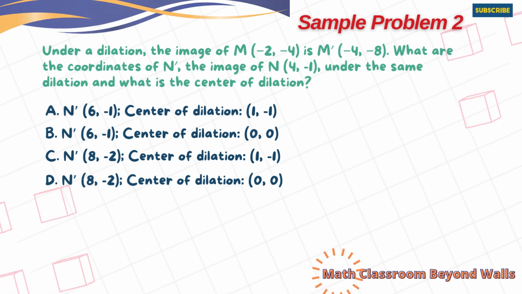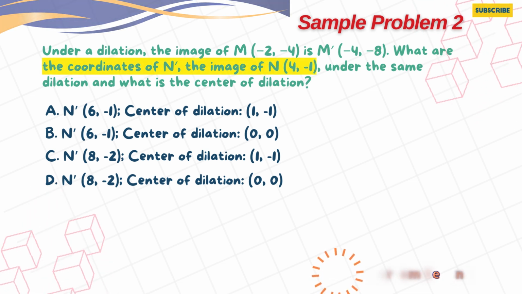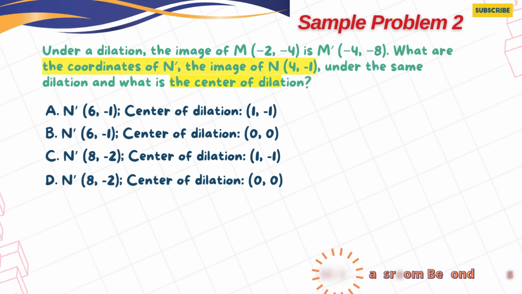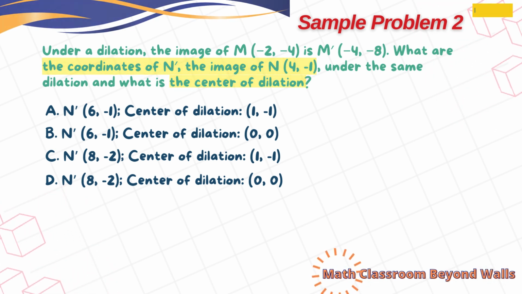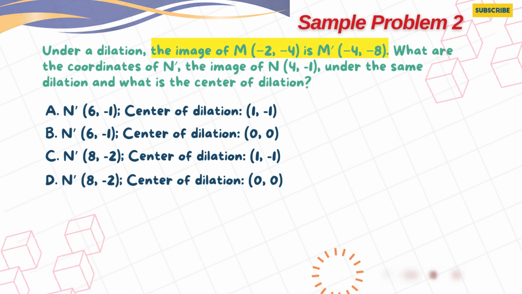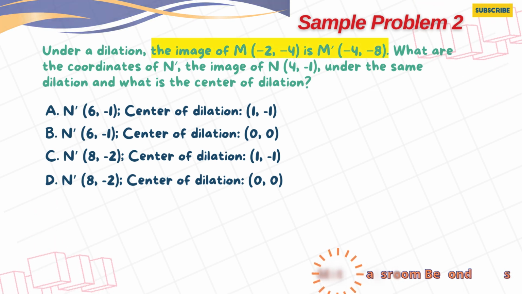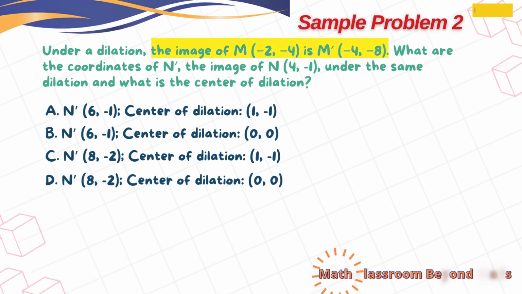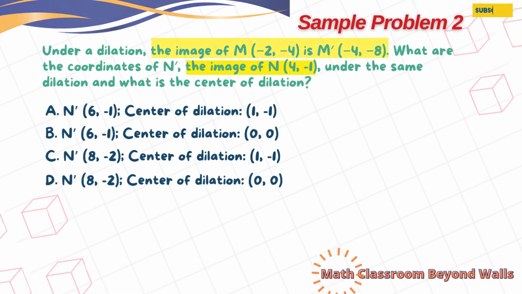First, the coordinates of N prime, the image, and second, the center of dilation of the image and the pre-image. What are given? We're given the coordinates of M, which are -2, -4, M prime, which are -4, -8, and N, which are 4, -1.